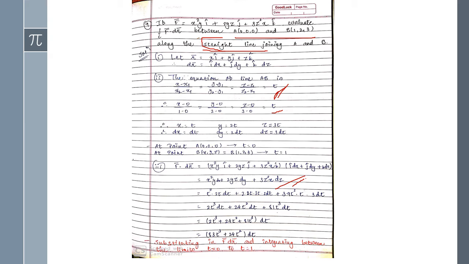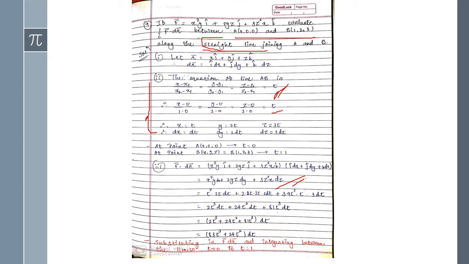So this one is compulsory to be given, right? And if it's not given, then you have to make it this way, as we made here right now. So at the point (0, 0, 0) you can find t. Same here, you can put the point (1, 2, 3), and at that point you can also find the value of t. So that is 0 and 1.